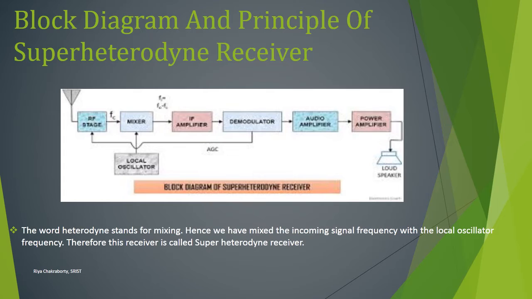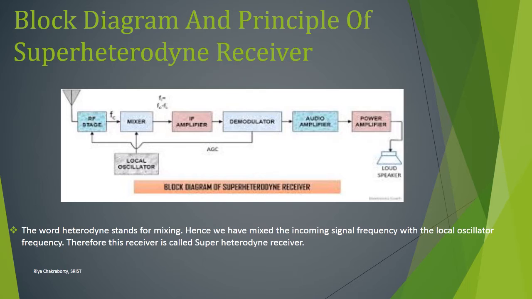So, there are some advantages of the superheterodyne receiver that make it the most suitable for the majority of radio receiver applications like AM, FM, communications, etc. So, what are the advantages? Number 1, no variation in bandwidth. Number 2, high sensitivity and selectivity.